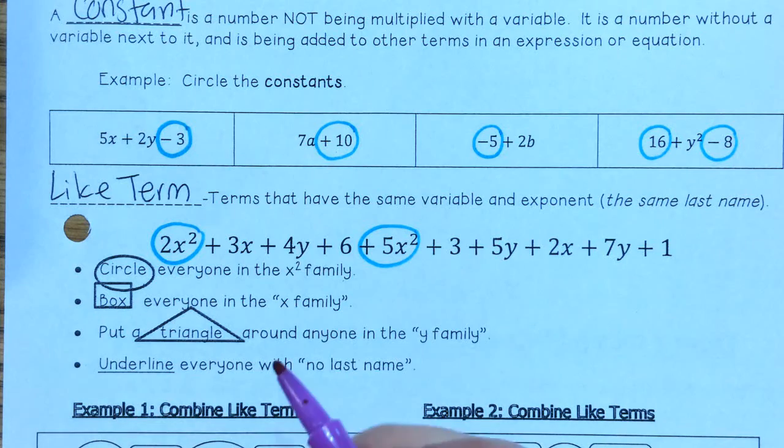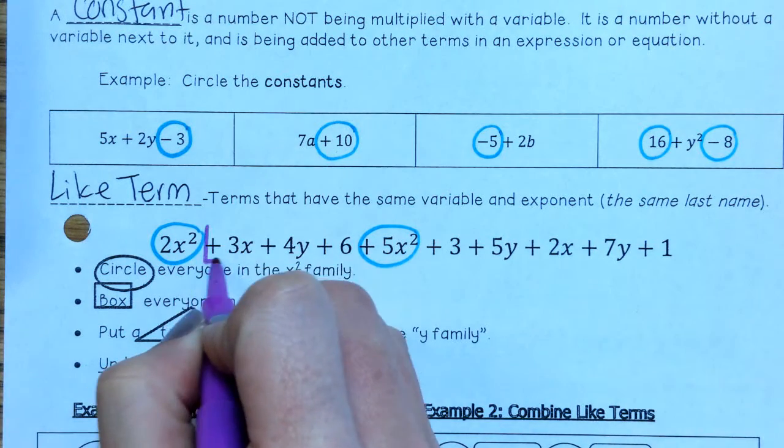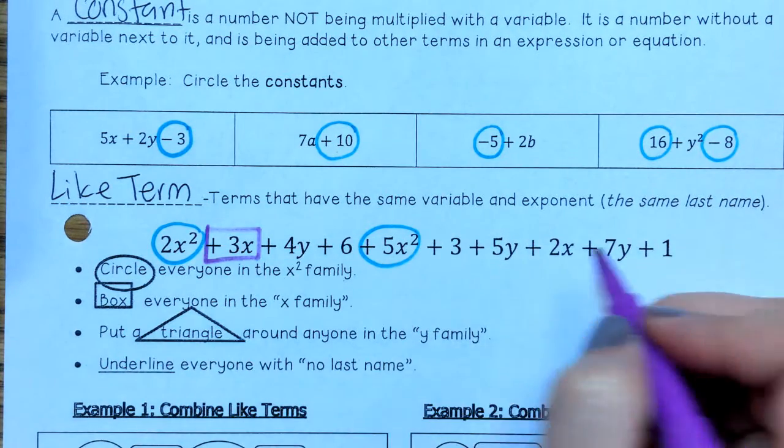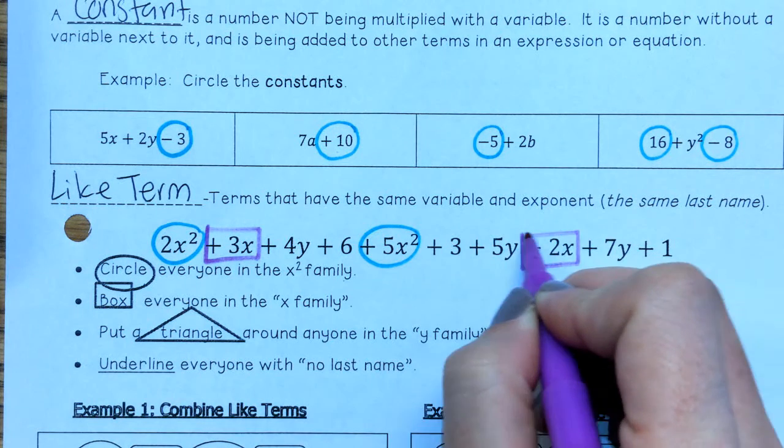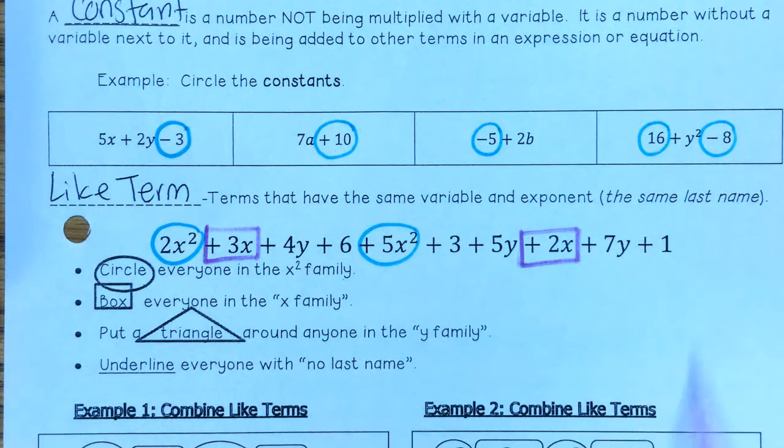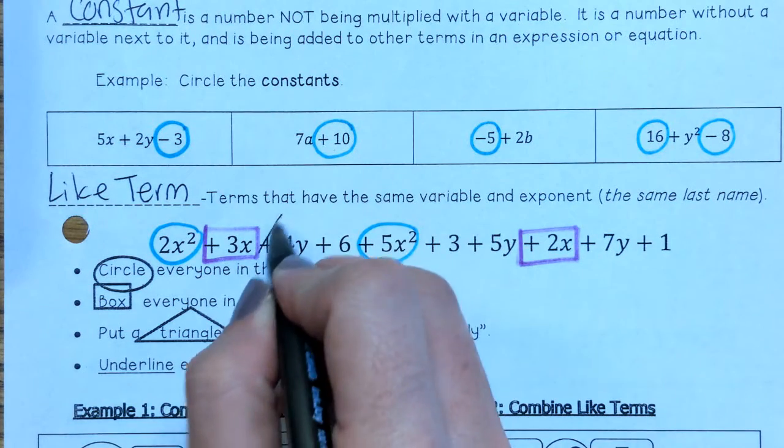If I'm going to box everyone in the x family, 3x and positive 2x are all in the x family. Put triangles around everyone in the y family.